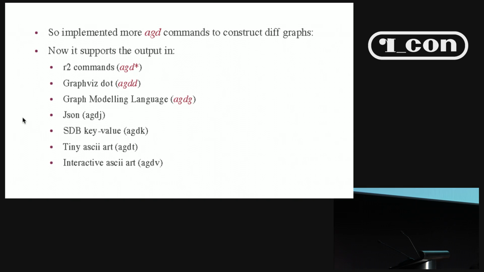The first one is just outputting the R2 commands that were used to construct a particular diff, and then we have Graphviz dot, which was the default output format in Radare 2, and then graph modeling language, and JSON, and ASCII art, and then interactive ASCII art.